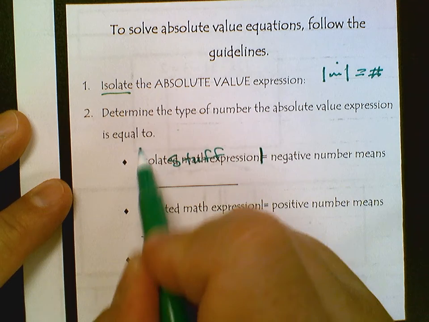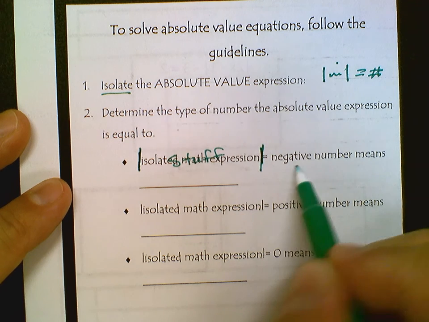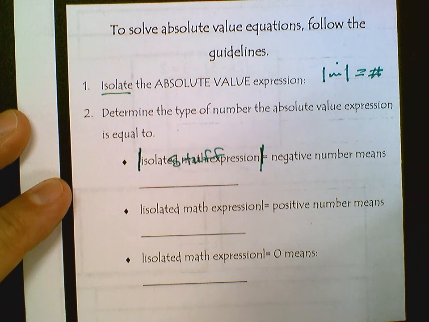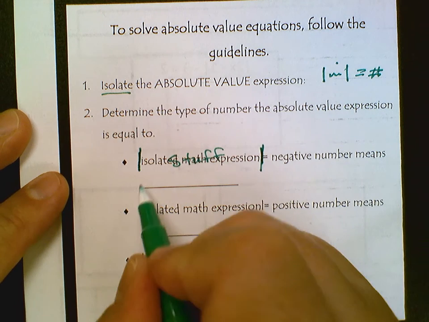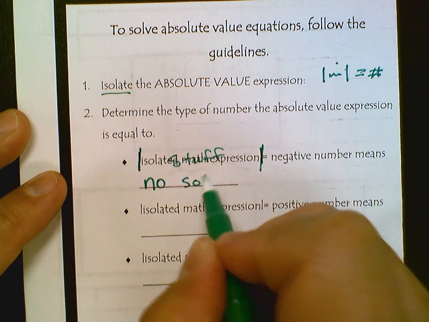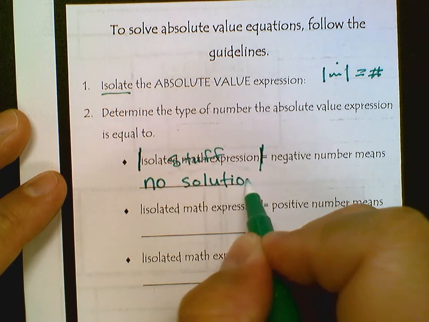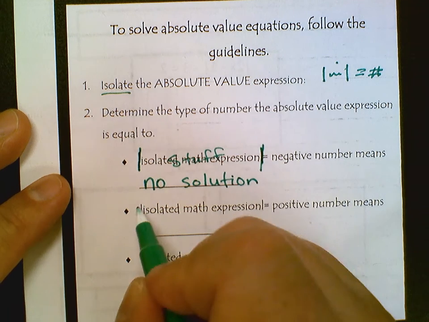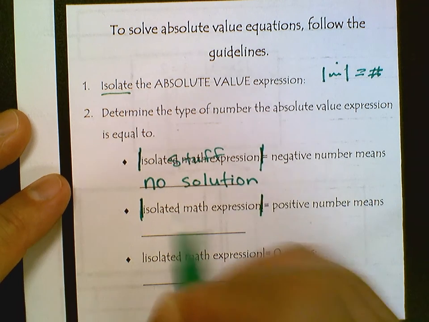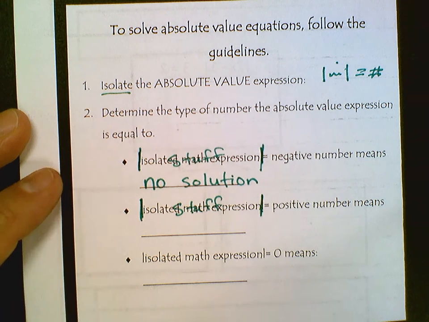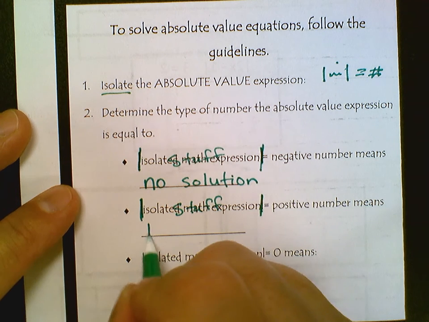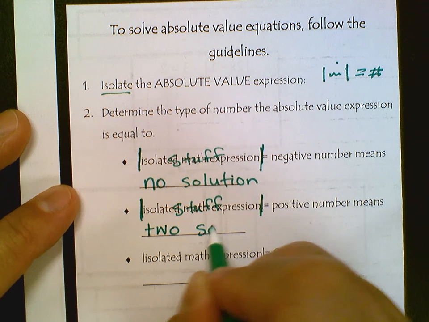If we have the absolute value equals a negative number, well, we just said it's always positive. So this means there is no solution because that can't happen. If we have the absolute value of some stuff equals a positive number, we're going to end up with two solutions.